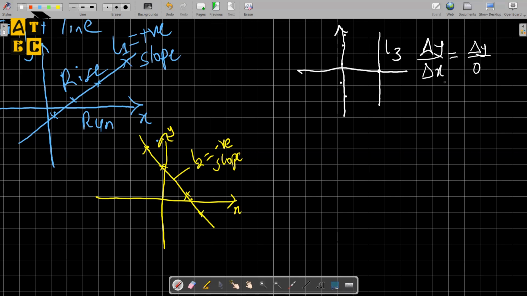For this one, a number over 0 says that your slope is undefined. In other words, line L3 has an undefined slope.